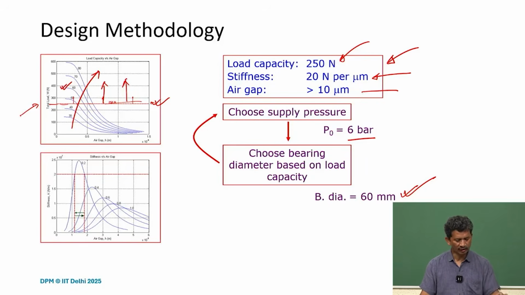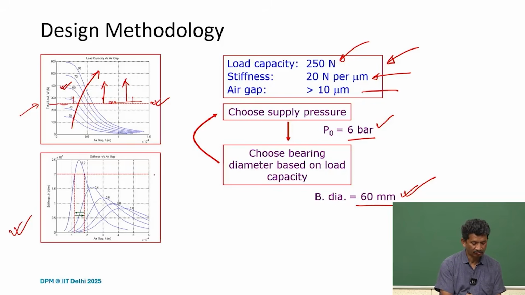So now looking at the stiffness plot for, suppose, 60 millimeter, if you take this supply pressure, and again we plot for different orifice diameter, what we realize now, we're talking about these stiffness values.